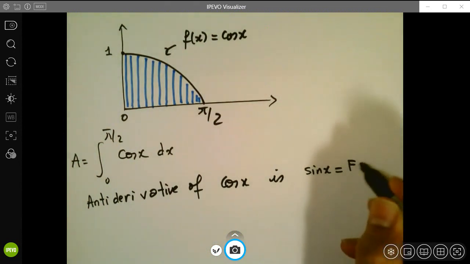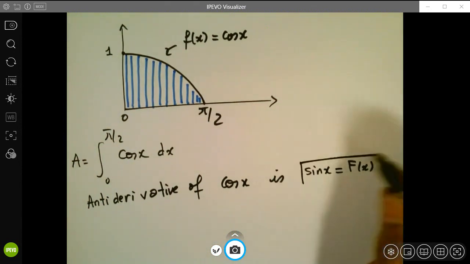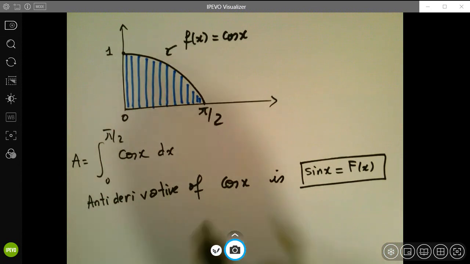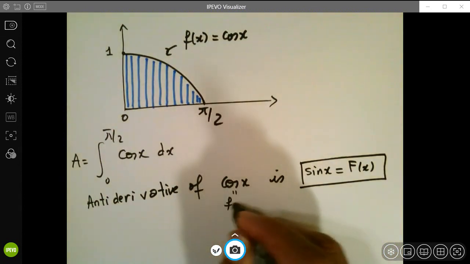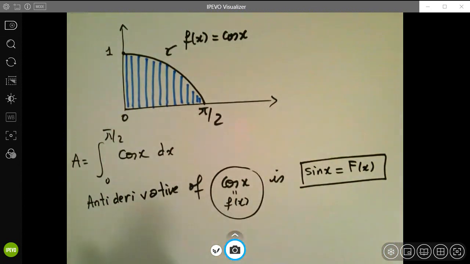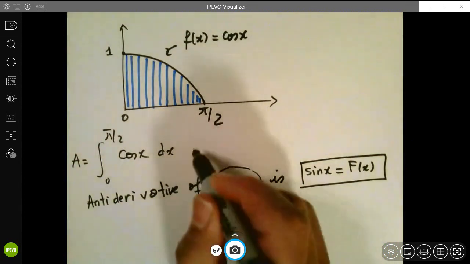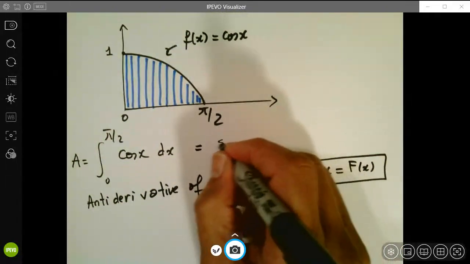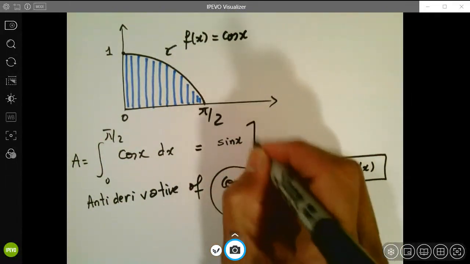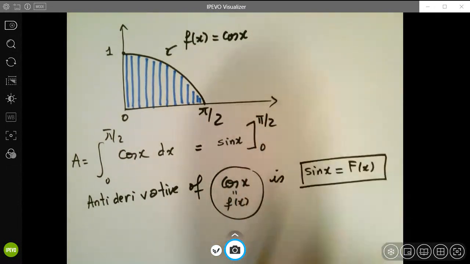So this is what we're going to denote F of x, and this is actually f of x, lowercase. Now if you compute this, it is sine x between 0 and pi over 2.